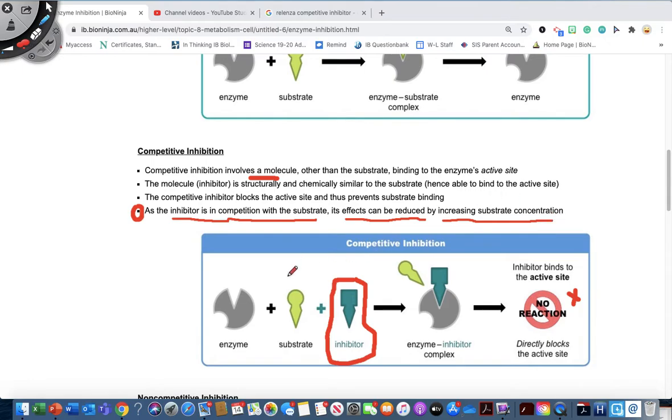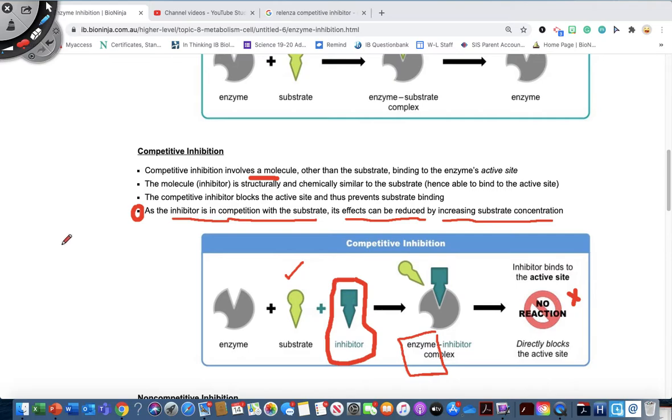So if you start adding more substrate, right, because you keep the same amount of enzyme in the reaction, that means that there's a greater chance for this substrate to bind to this enzyme. So if you increase the substrate concentration, even though you have an inhibitor there, right, that is going to increase the chances for this substrate to bind with that enzyme.